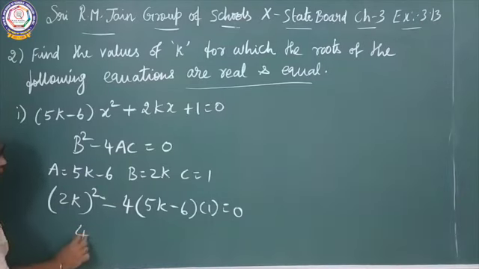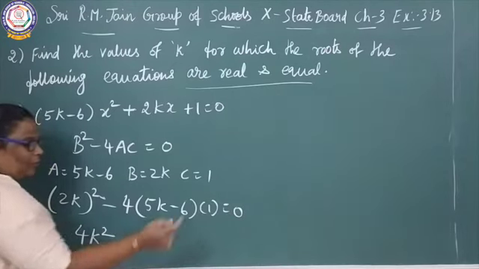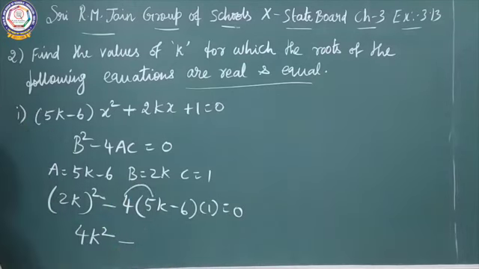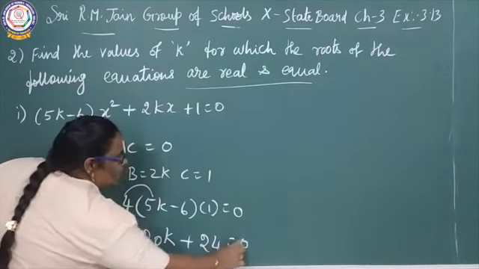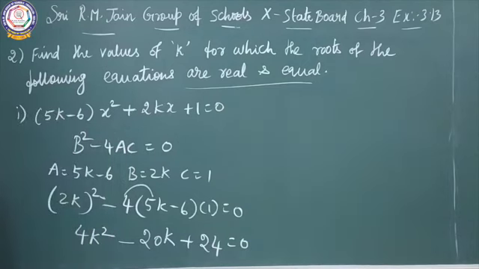So 4k square minus 4 into 1. You can multiply this number here. 4 5s are 20k. Minus into plus, minus 20k. Minus into minus, plus 24 equal to 0. Is it clear?